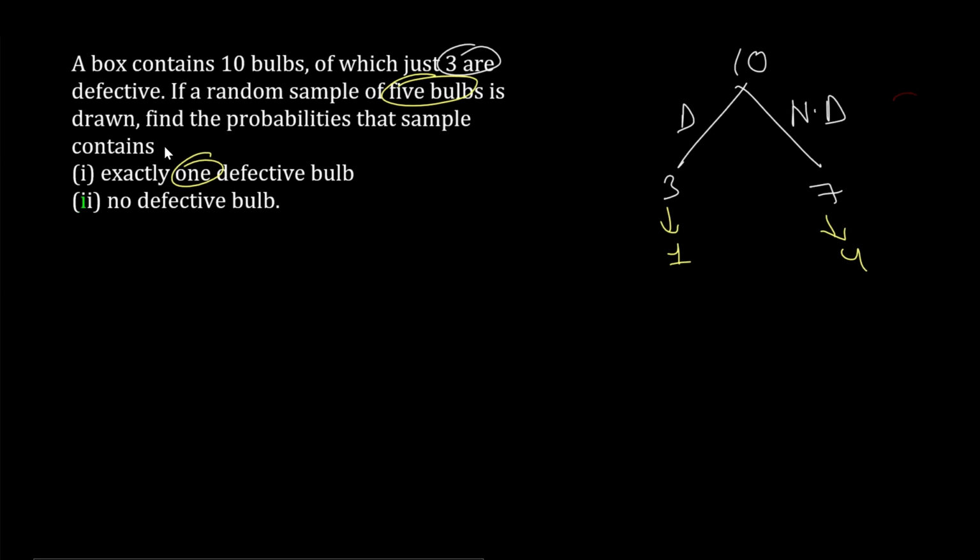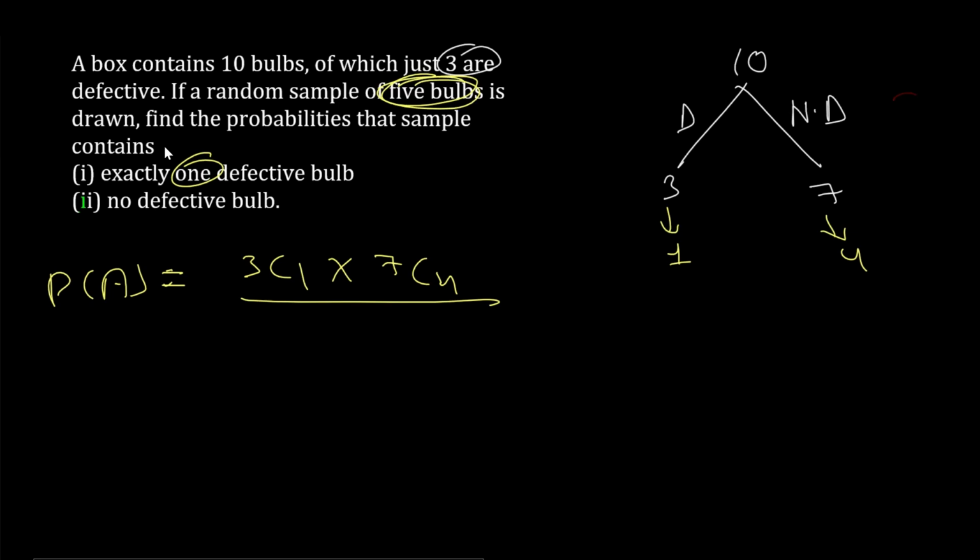So the required probability, let's say P, is going to be taking out 1 from 3, multiplied, and that's the reason we place a multiply, by 4 from 7. And the total possible ways of taking out 5 bulbs from 10 bulbs is 10C5.